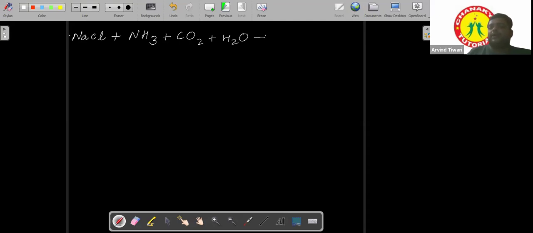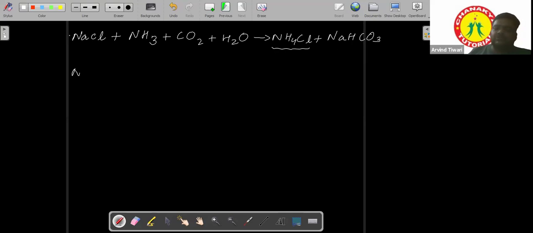They combine to form ammonium chloride, NH4Cl, and NaHCO3. Ammonium chloride remains in the solution, whereas sodium hydrogen carbonate, which is formed, is sparingly soluble. So it can be easily filtered out from the solution.